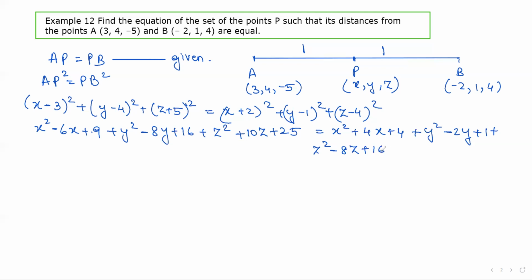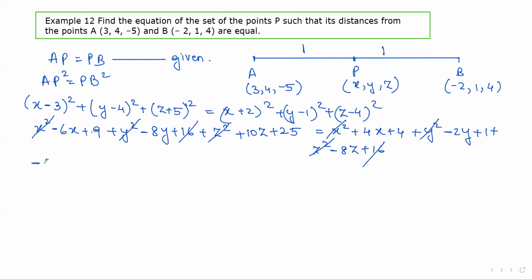So now we'll cancel out whatever is cancelable: definitely x square, y square, z square. What else? You have 16 can be cancelled. Anything else? x, y, z? Nope. So let's write the remaining terms.